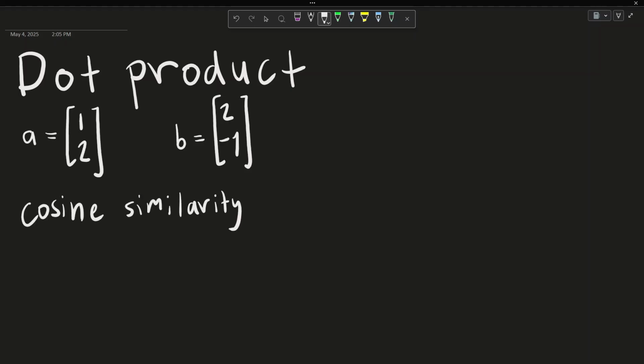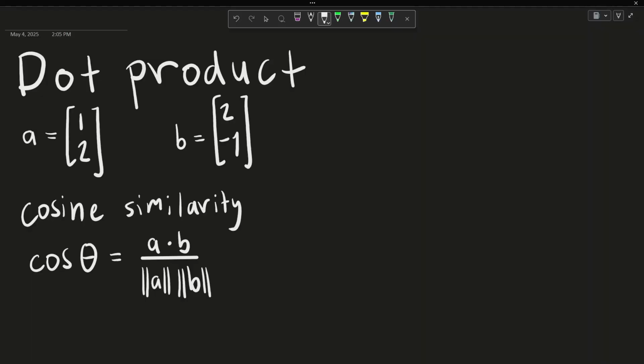Cosine similarity is given by the formula: cosine of the angle theta, where theta is the angle between vector A and vector B, is given by A dot B divided by the magnitude of A times the magnitude of B. You can feel free to attempt to find the cosine of theta between A and B.